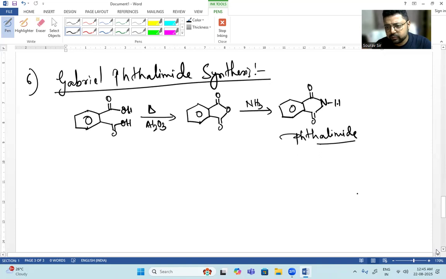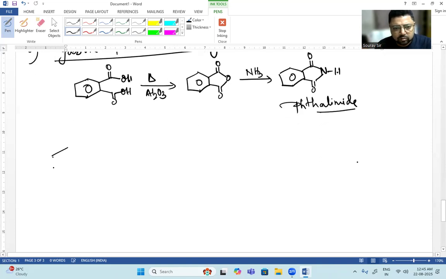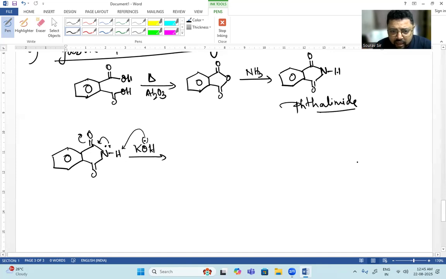Now what we will do, we will at first remove this hydrogen from this nitrogen. So we will use a base, KOH. I have already stated that nitrogen has a lone pair, but this lone pair is involved in resonance here. So this hydrogen is free for abstraction.